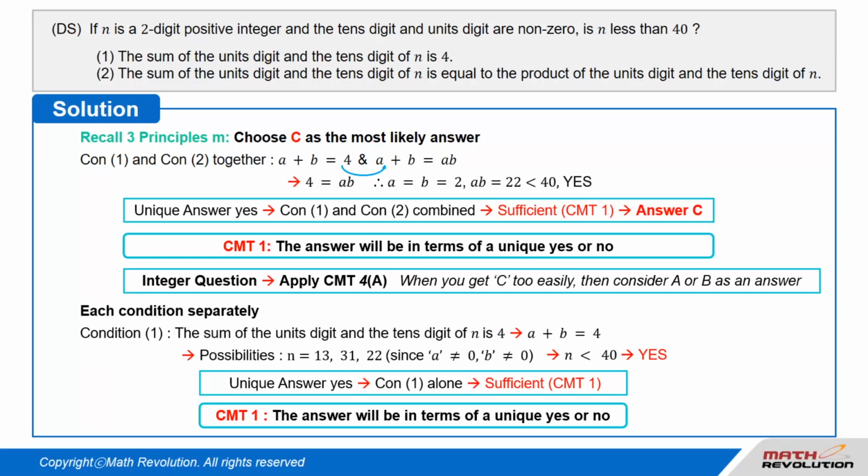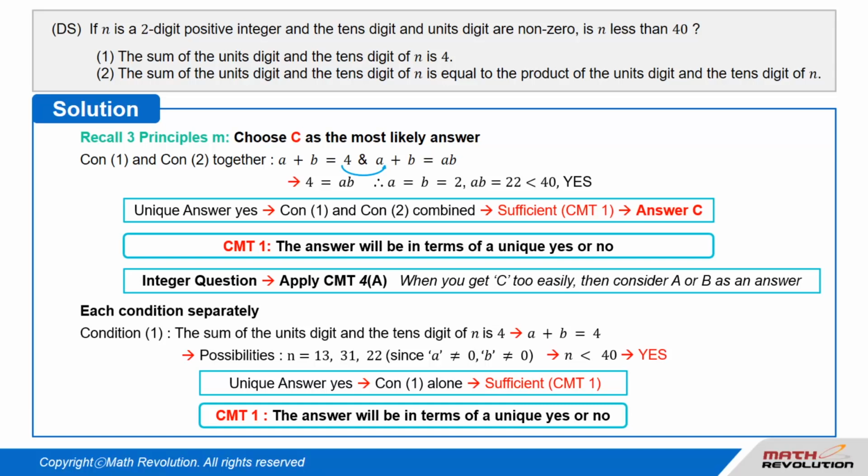Thus, n equals 22, which is less than 40. We get yes as an answer. Since the answer is unique, both conditions combined are sufficient according to CMT1, which means that the answer will be in terms of a unique yes or no. Thus, C seems to be the answer, according to the variable approach.